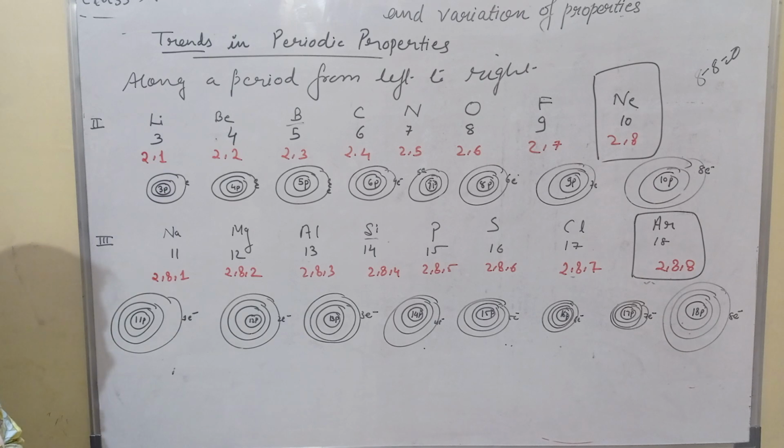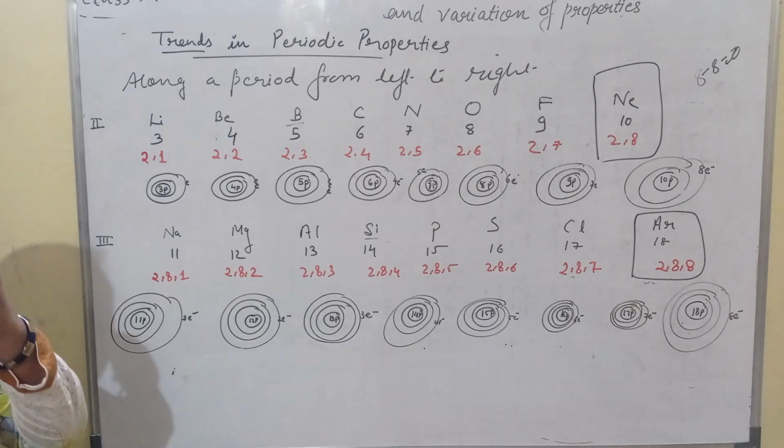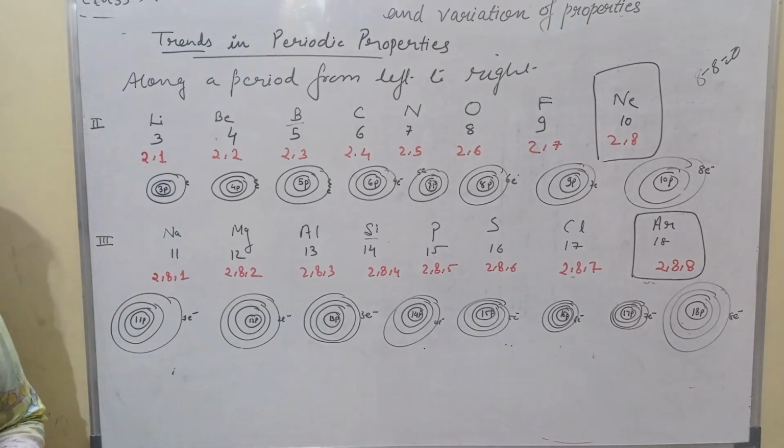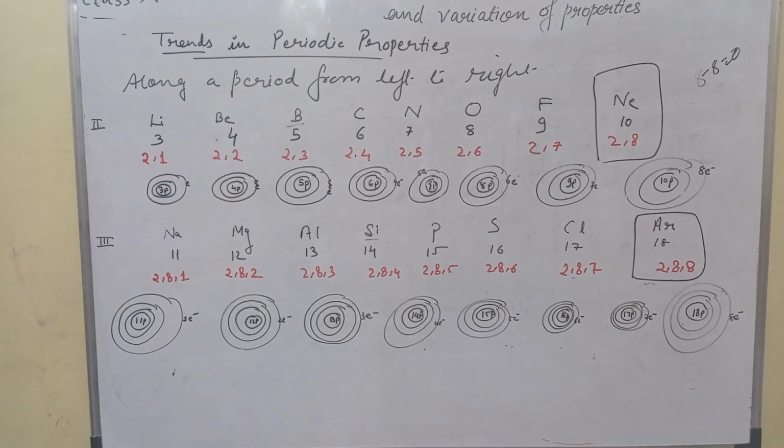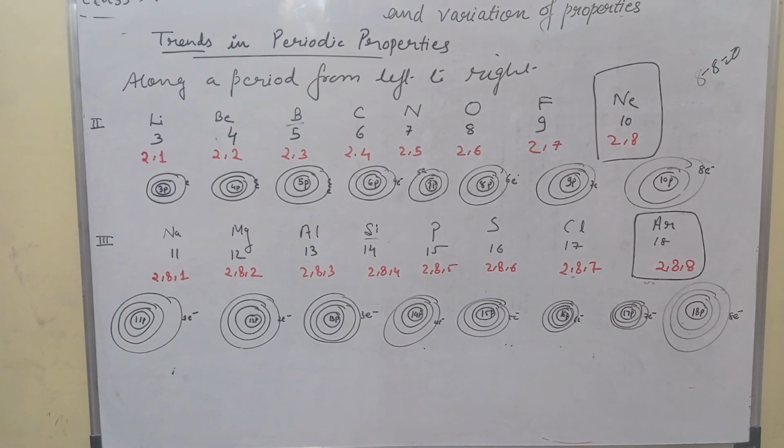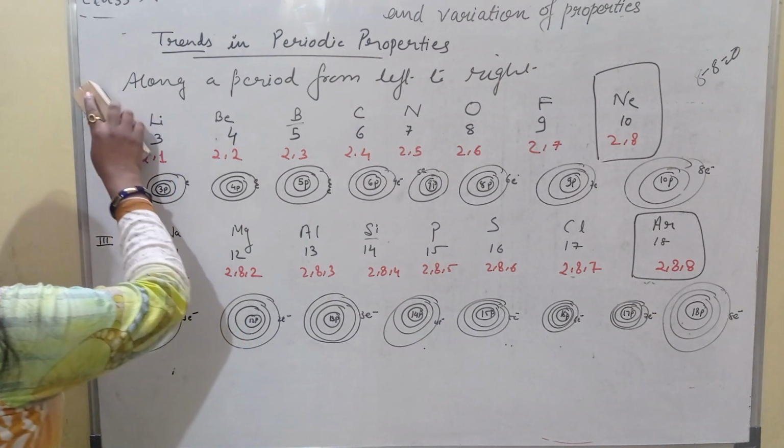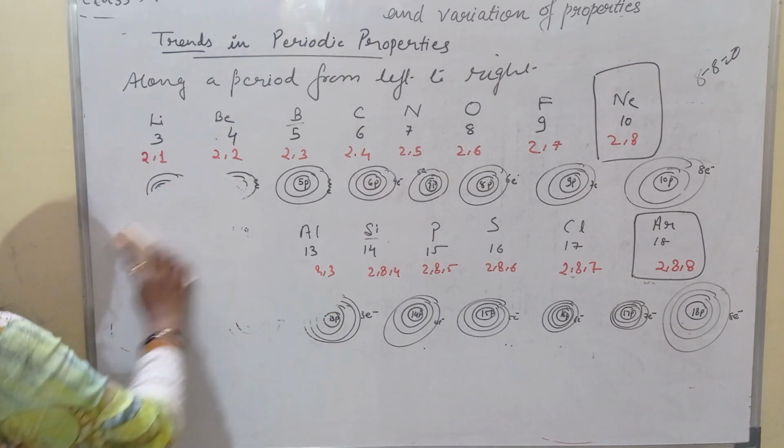There is no need to attract a shared pair of electrons for noble gas, so they will not do so. So I hope this much is clear. Now we will see trends in periodic properties down a group. Along a period we have done, now we will see down a group.